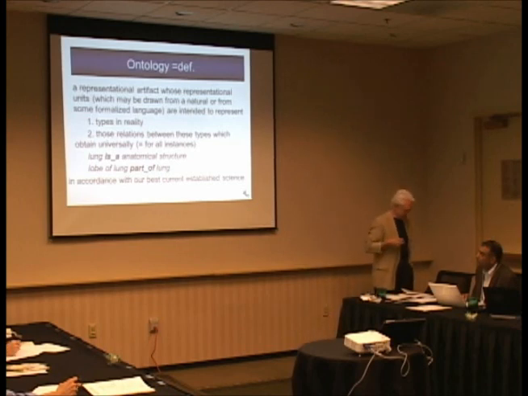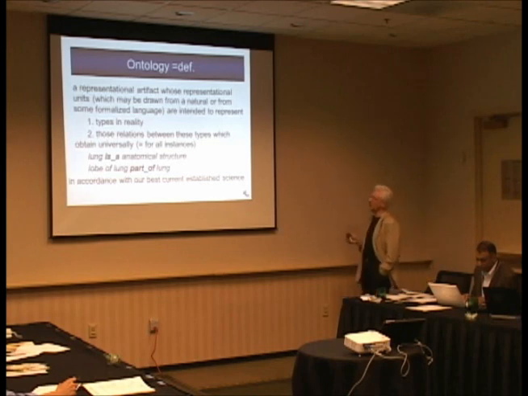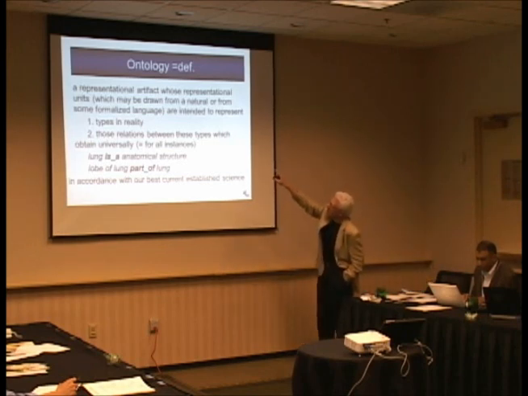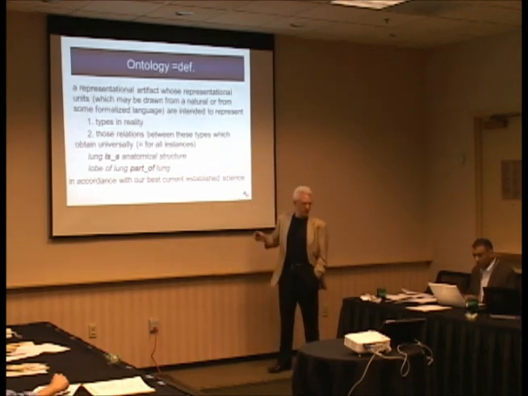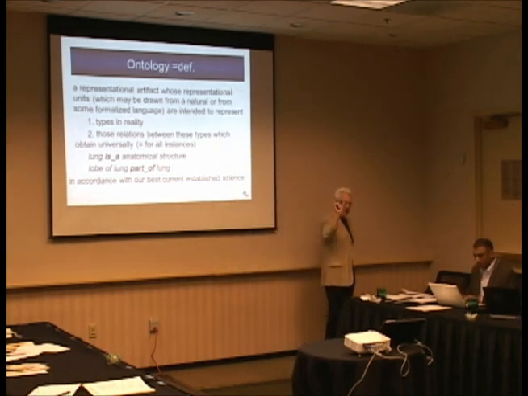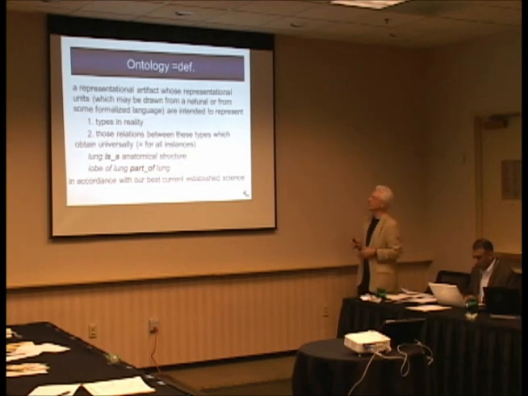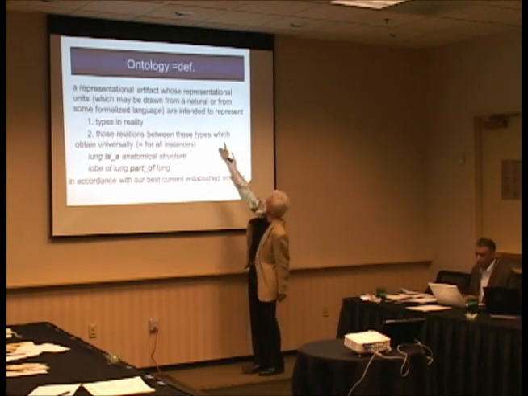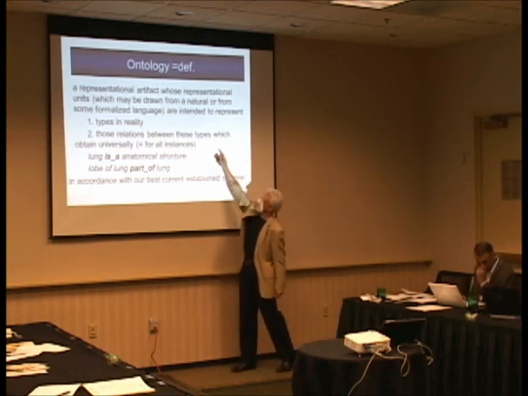An ontology is a collection of representational units, terms, preferred terms, those things in the boxes. Typically, the terms will be drawn from a natural language, but we could have an ontology in which the terms are in a formalized language. And increasingly, we're going to have two views of each ontology, the natural language view and the formal view. Those terms are intended to represent types in reality and relations between those types.